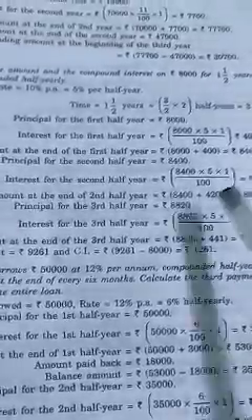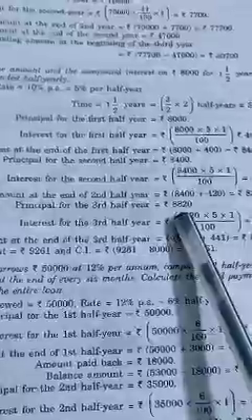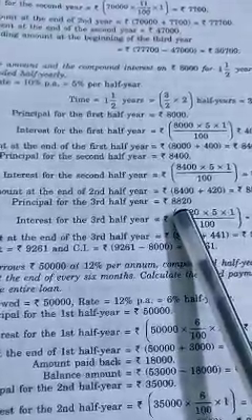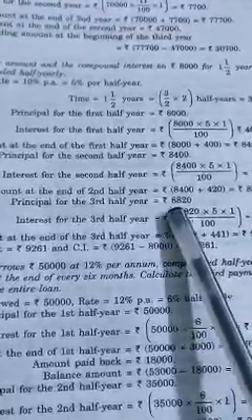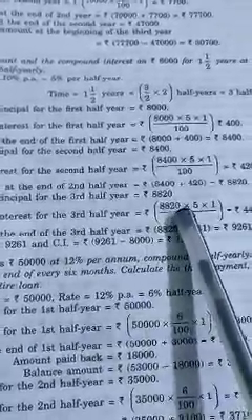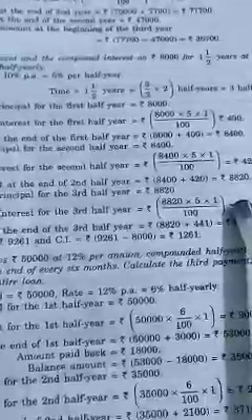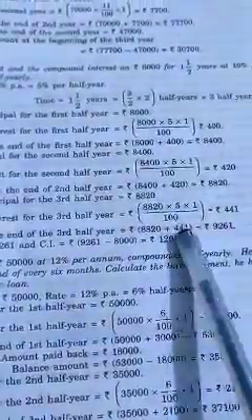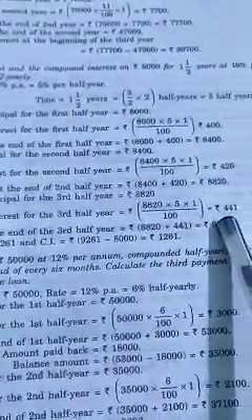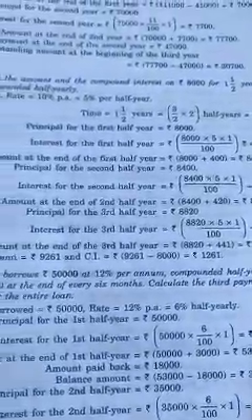Now this will be the principal for the third half year, that is equal to 8,820. Now we will calculate the interest for the third half year. So 8,820 into 5 into 1 divided by 100 is equal to 441.